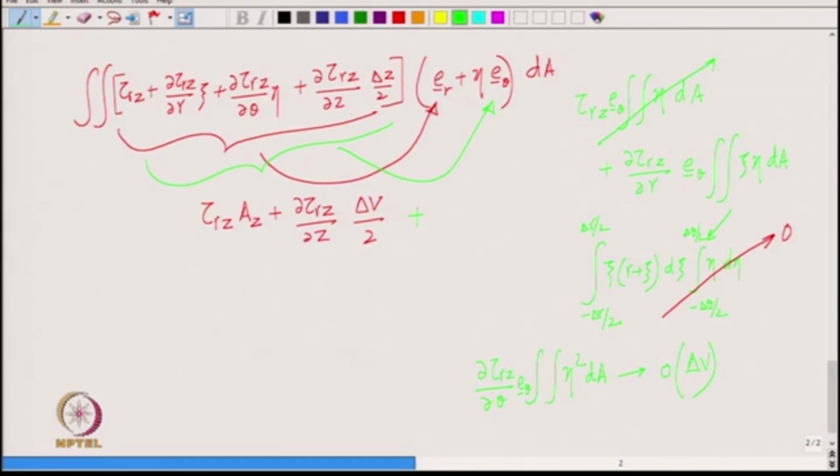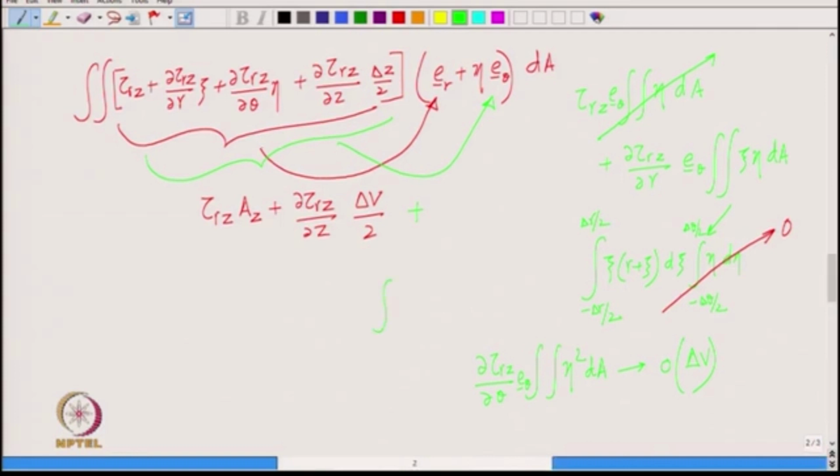And then finally, the last one, that is going to be 0. Why? Because everything is a constant here except for eta. Maybe I should write it down also. So, the last one, it is del tau RZ by del Z into delta Z by 2 into E theta and integral of eta dA, but that we know is 0, is not it?